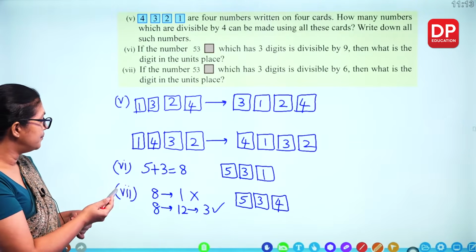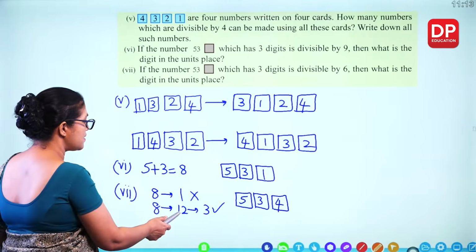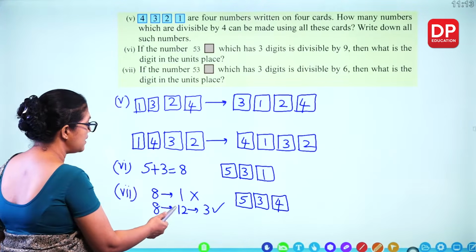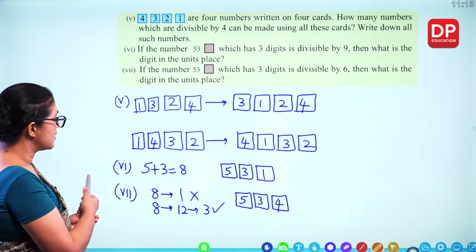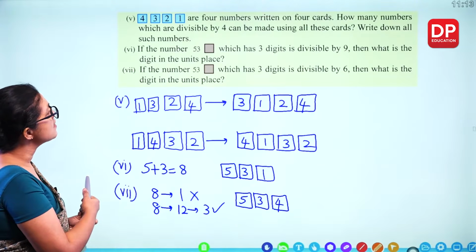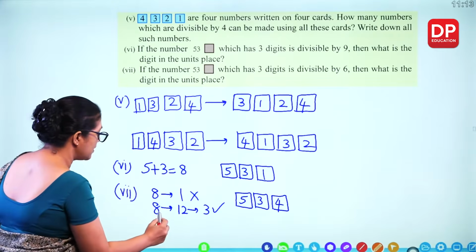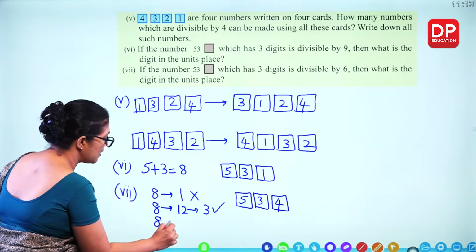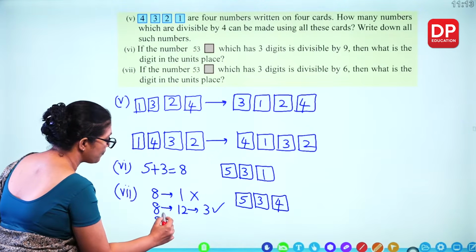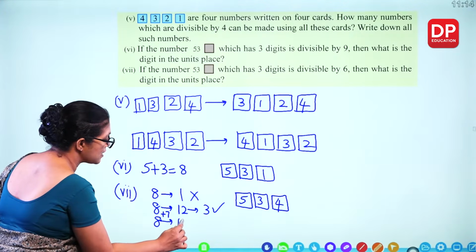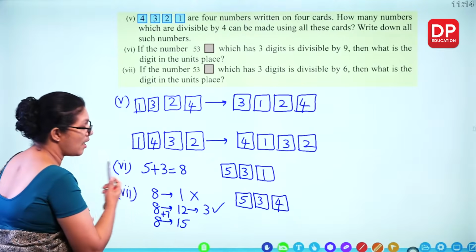Then how do you get 6? You need to add 6. Adding 6, what do you get? 14. So that's not possible. Adding 7, you get 15, digital root 6.